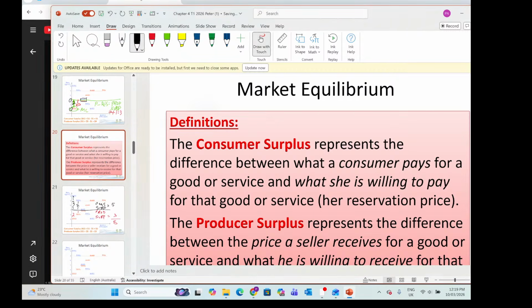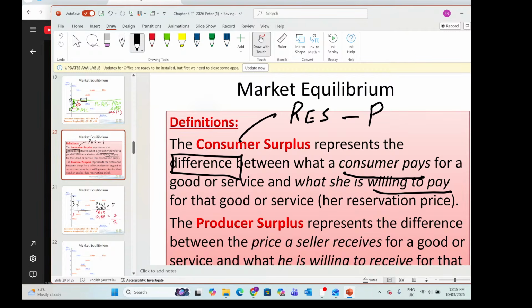So what is the consumer surplus? It represents the difference between what the consumer pays and what they are willing to pay. In other words, it's the reservation price minus the actual equilibrium price. That's what the consumer surplus is.